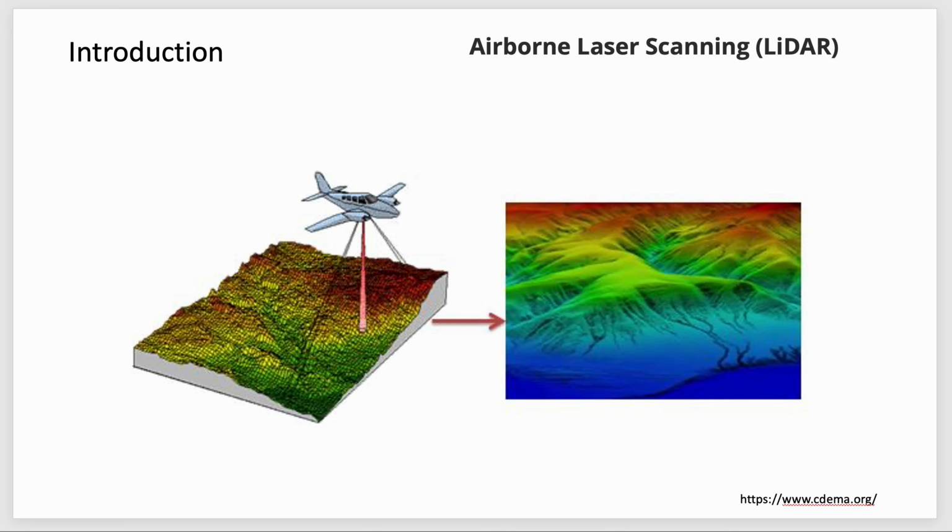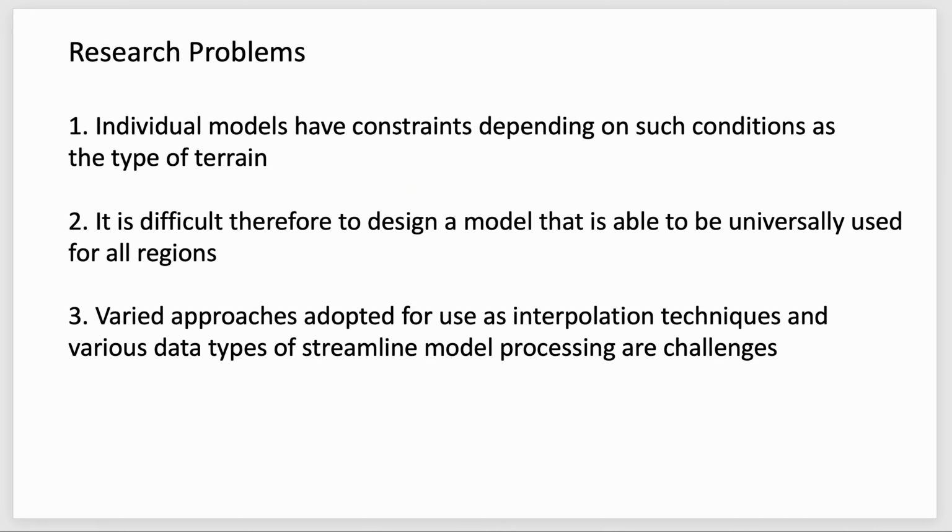in 3D data images. The research problem is that the individual model has constraints depending on conditions such as the type of terrain. The second is that it is difficult, therefore, to design a model that is able to be universally used for all regions.